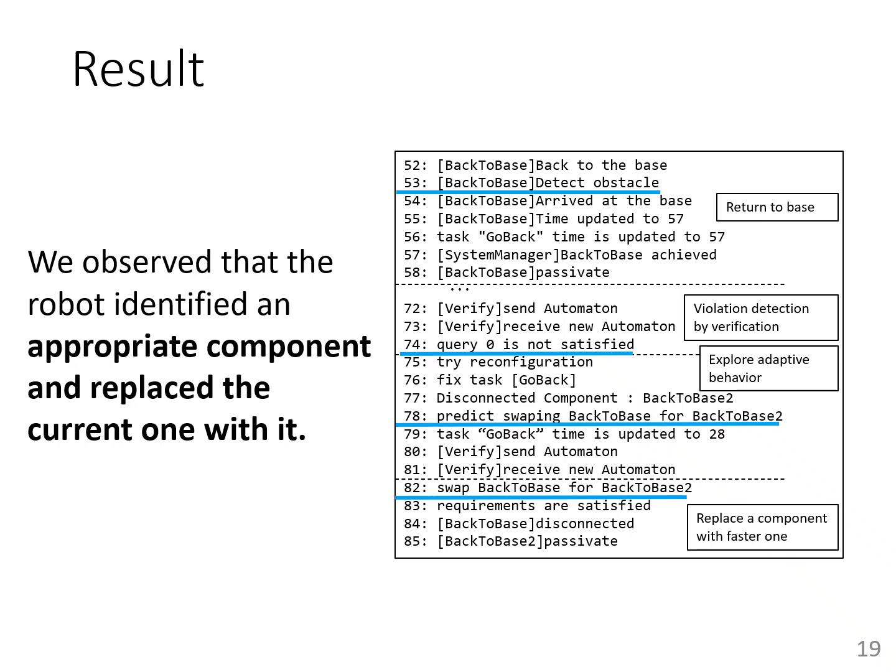This is a log of the experimental results. First, the robot detects an obstacle while returning to the base. To avoid it, the arrival is delayed to 57 seconds. And as a result of verification, a constraint violation is detected.